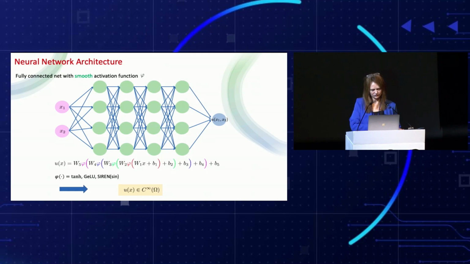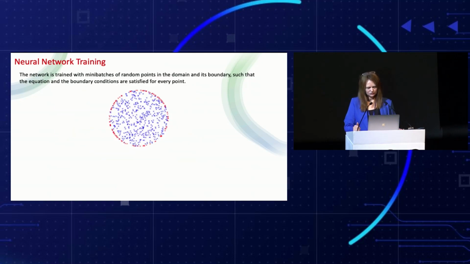How do we train the network? What we are doing basically, we take our domain and throw points inside the domain. The blue points are the points inside the region, and the red points represent the boundary of our domain.